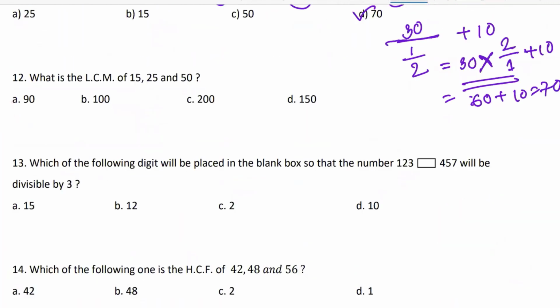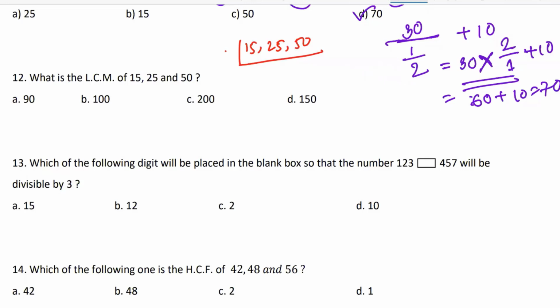What is the LCM? Question number 12. What is the LCM of the numbers 15, 25, and 50? First step, find the prime numbers, the lowest numbers which can divide at least two numbers.